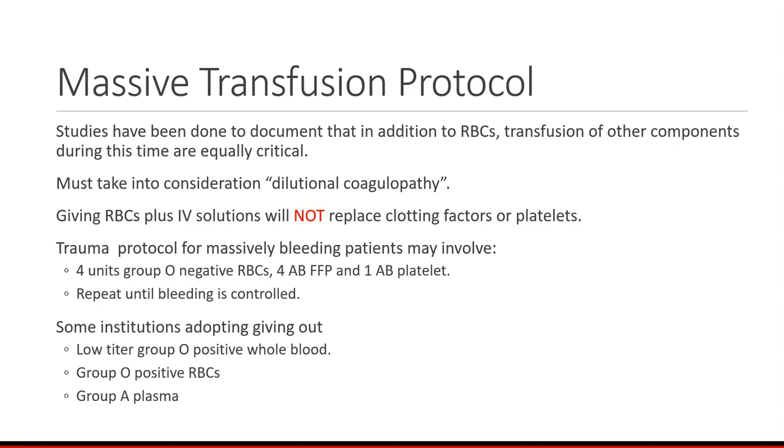But they deem that a certain titer of antibodies in a group O person will theoretically not harm the recipient red cells. And as far as the group O positive red cells, we really want to preserve our D negatives for those people who require them.